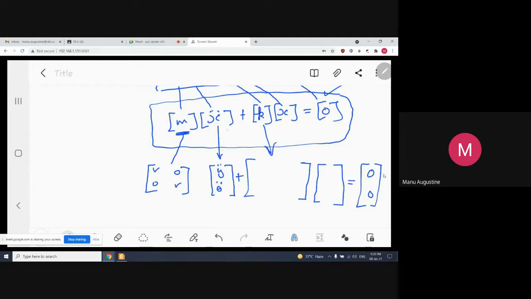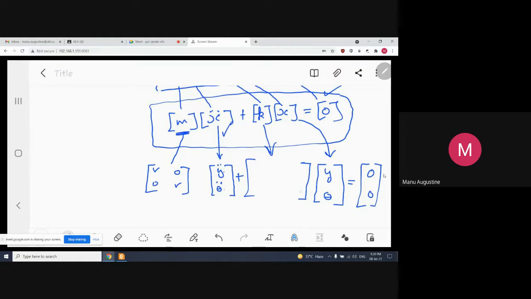Similarly, in the manner in which you constructed the acceleration vector, you construct the displacement vector. What is the first acceleration term? y double dot. So the first displacement term would be y. What is the second acceleration term? Theta double dot. So the second displacement term would be theta. That's it. Now the only mystery that remains is how to construct the K matrix.